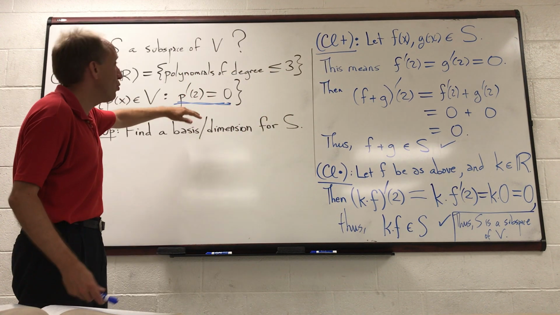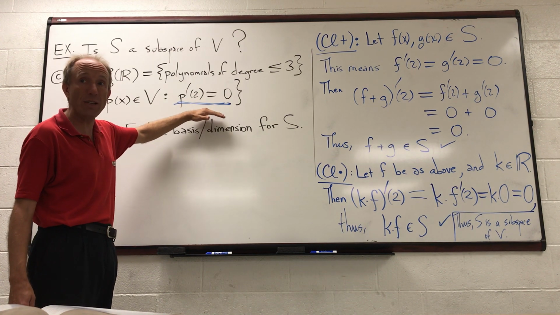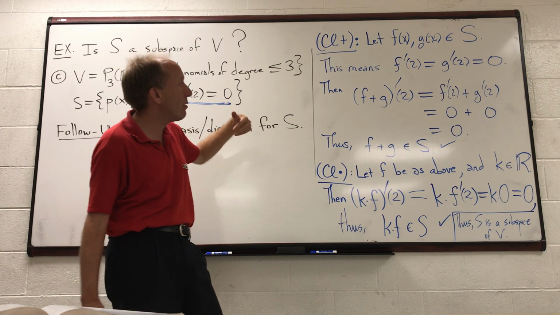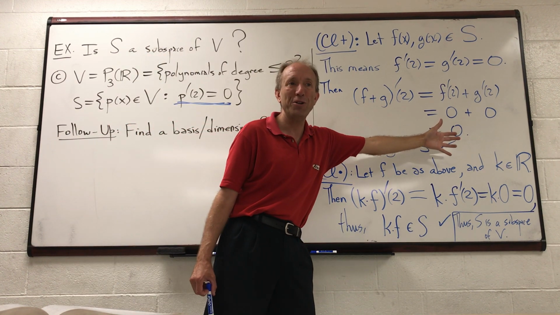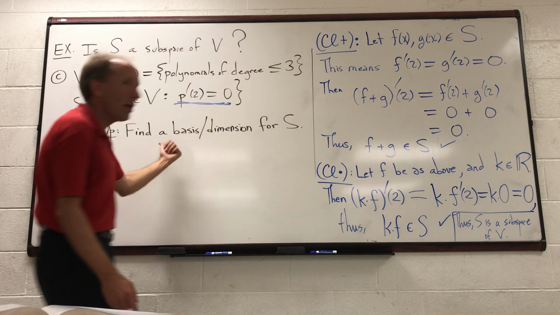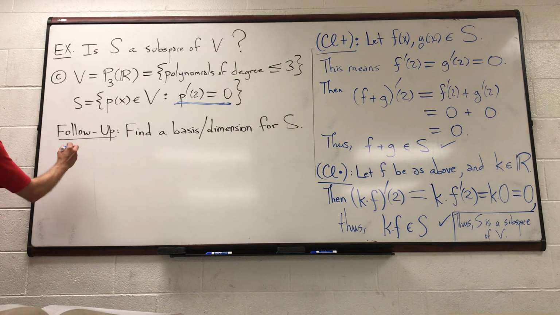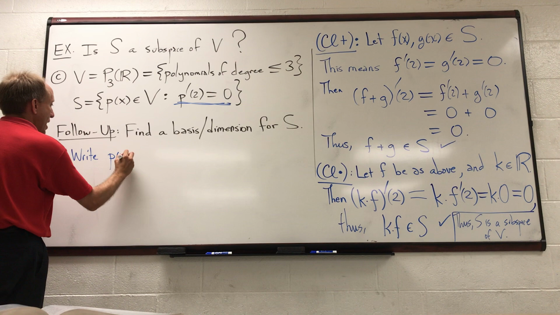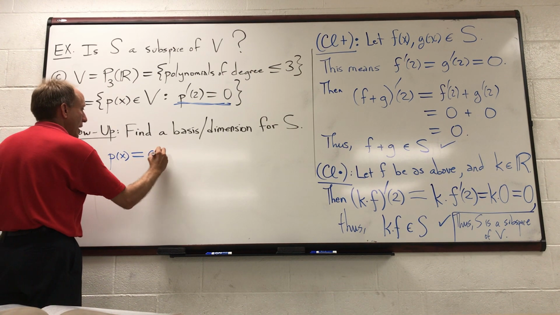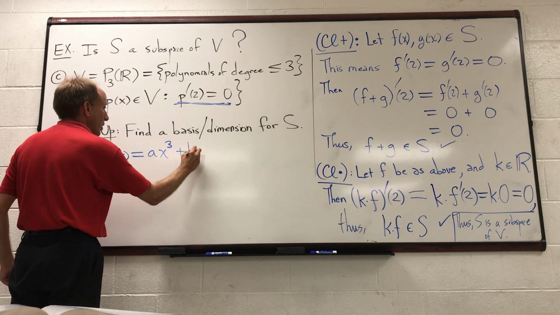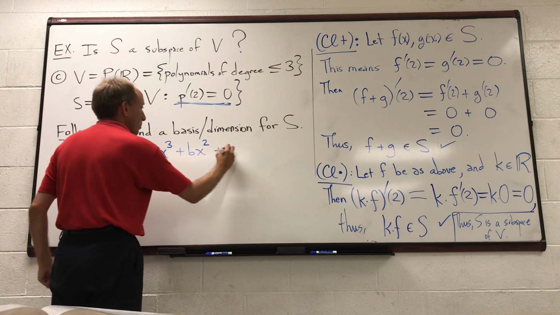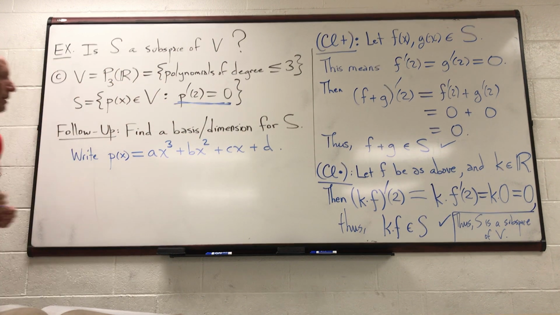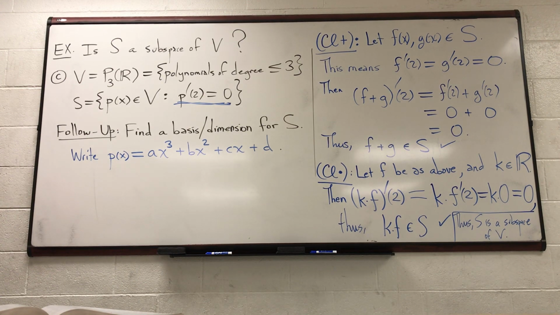I know that to show that we had a subspace, we didn't need to do that. Nowhere over here did I ever have to write out terms of my polynomial, right? But to do this part of it, I'm going to want to do that. What I'm going to do is I'm going to write p of x as ax cubed plus bx squared plus cx plus d.